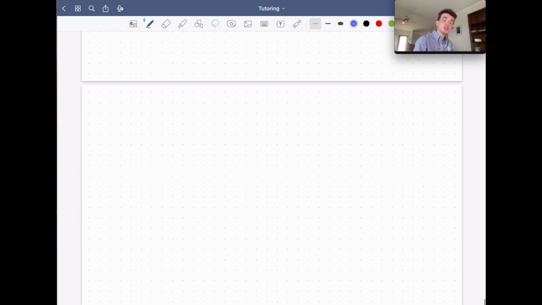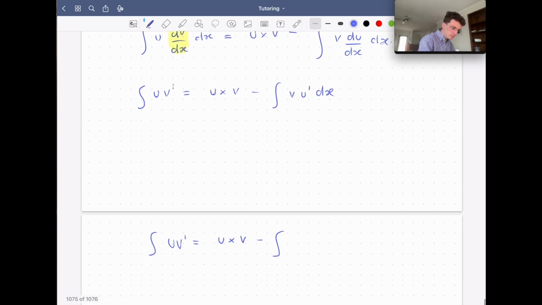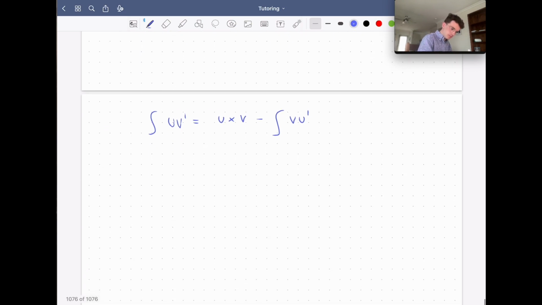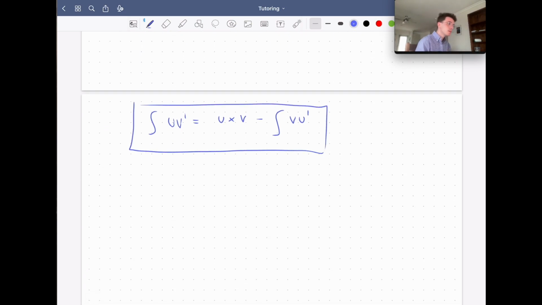So my integration by parts formula states that the integral of u v dash is equal to u times v minus the integral of v u dash. Okay, that's our formula there.